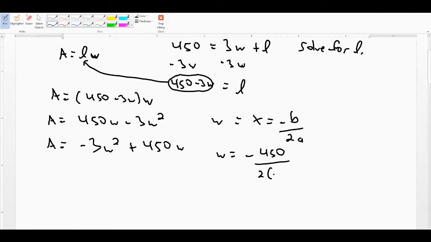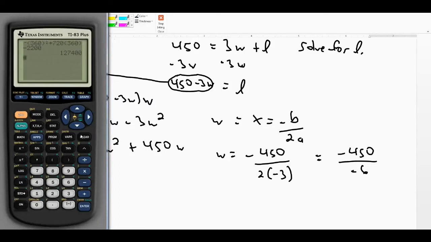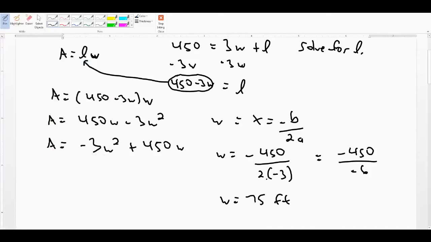Well, the a is negative 3, and so that results in negative 450 divided by negative 6. If you're ever not sure, take out your calculator and type in negative 450 divided by negative 6. We get 75. So 75 feet is our width that's going to give us maximum area.